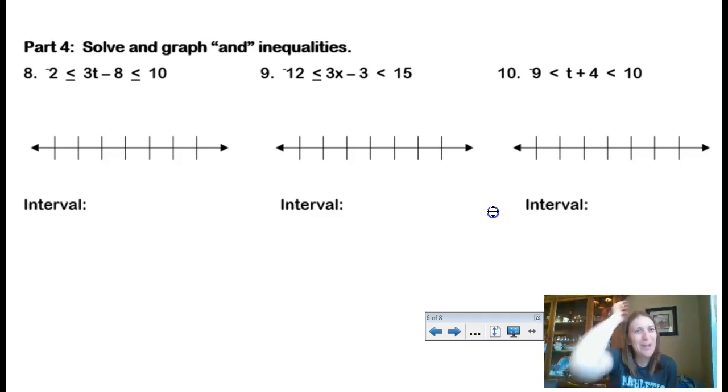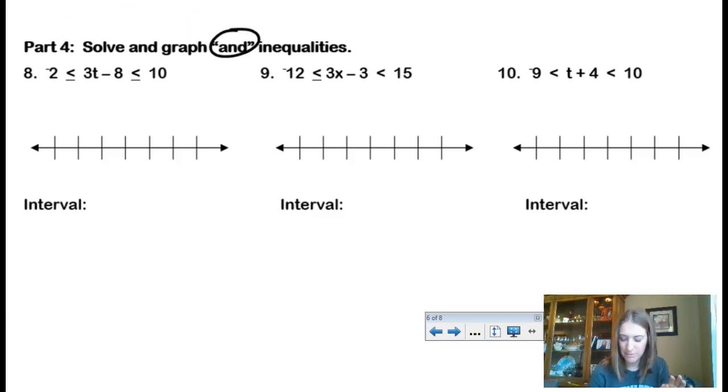So when we look at number 8, I can tell by the notation of the way it's set up that it's a variable in the middle and then numbers off to the side of it. So it's a sandwich problem, which means these are all going to be "and" problems. What's cool about sandwich problems is you can simultaneously solve both sides of the inequality at the same time. Your goal is to get this t by itself. So your first step would be to add 8, and what's neat is you can do it at the same time.